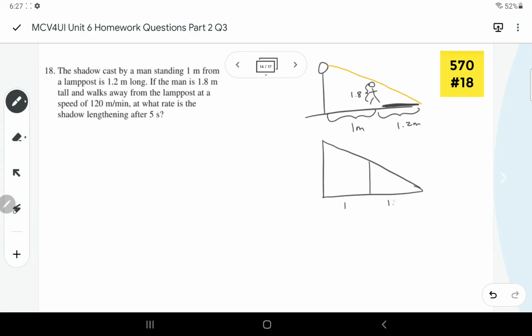So that would be 1, 1.2, 1.8, and let's call that H. If we look at the big triangle here, we'd have H and 2.2. And if we look at the little triangle, that's 1.8 and 1.2. So we could say that H over 2.2 equals 1.8 over 1.2. Then we can cross multiply and figure out the height of that lamppost, which will just be a constant for the whole question.